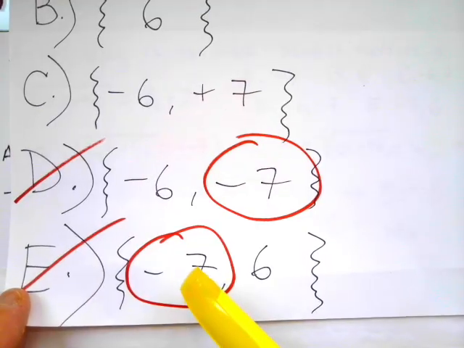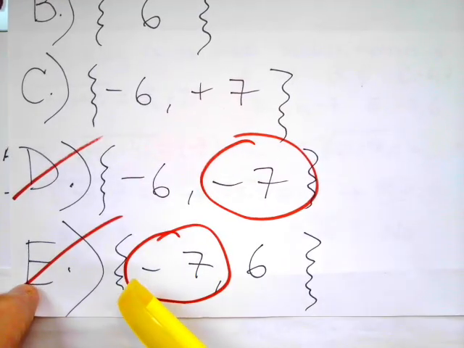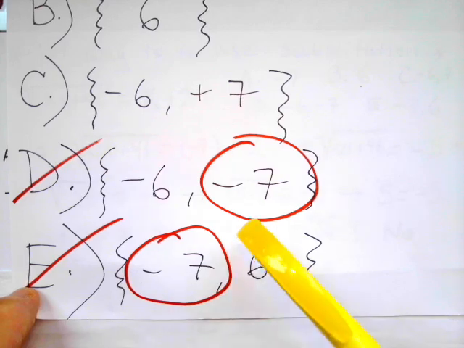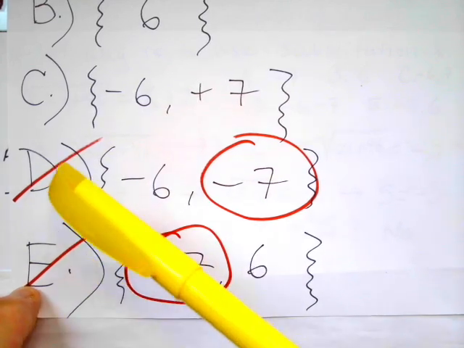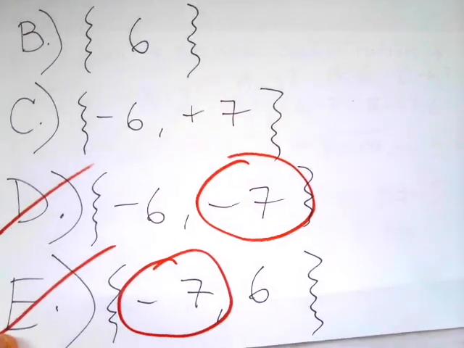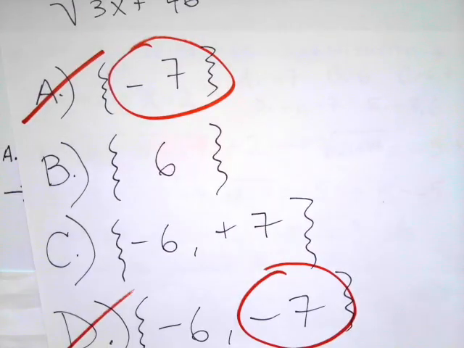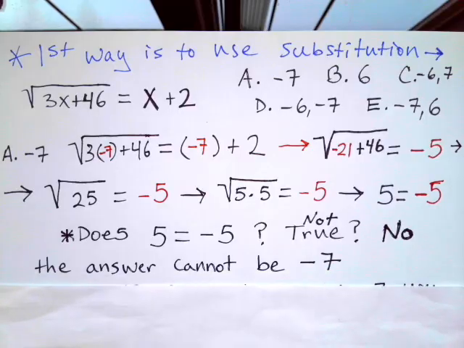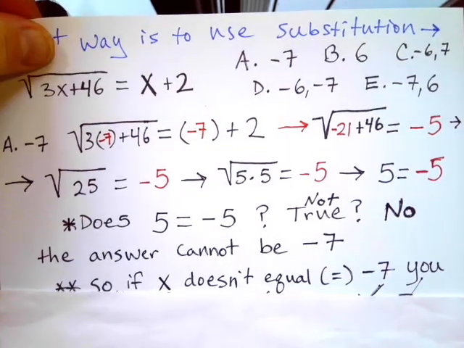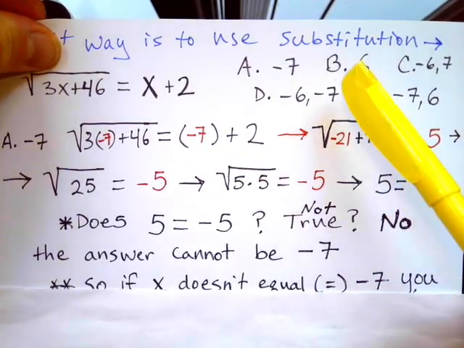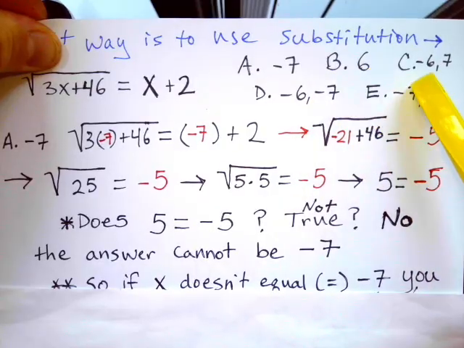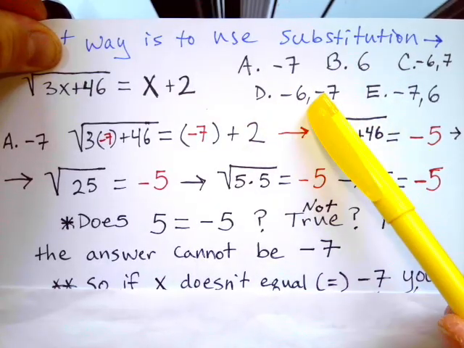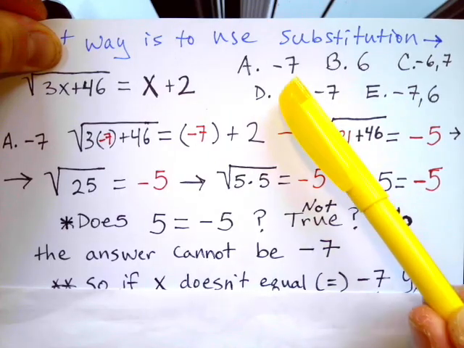The answer also could not be E, -7. Because each of those values, E, D, and A, all contain a value of -7. So it can only be a possibility, as you can see up here, and I'm going to show you in a moment, B and C, because A, D, and E all have that -7.